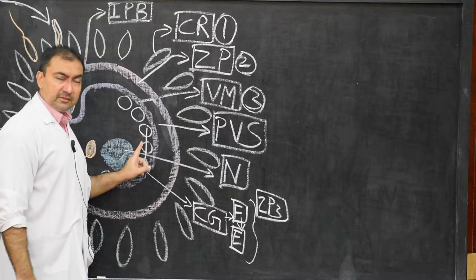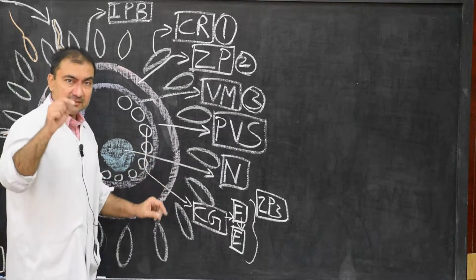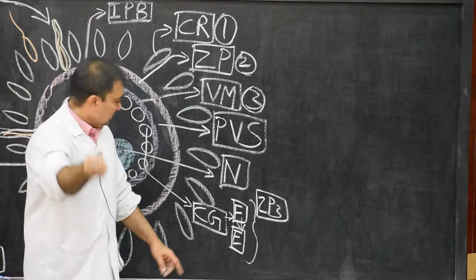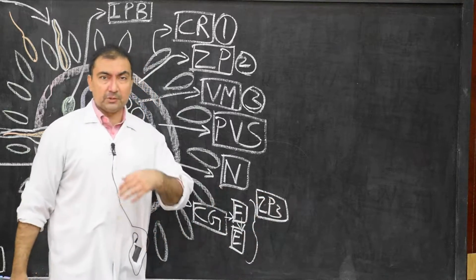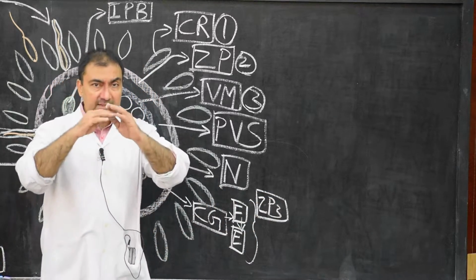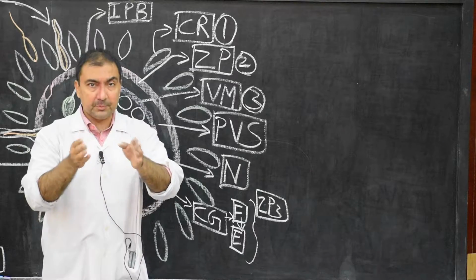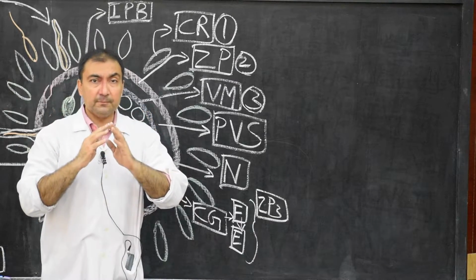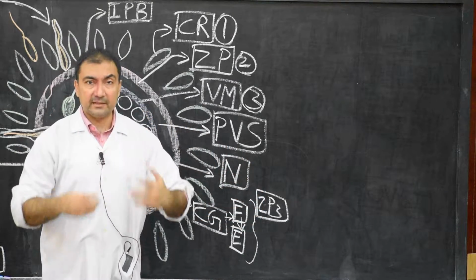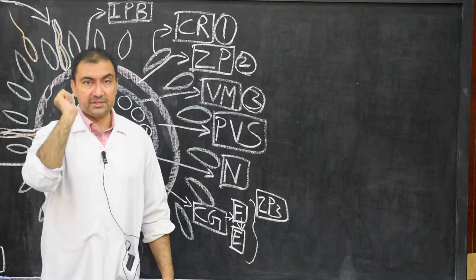So cortical granules, after their fusion, release certain enzymes which hydrolyze the ZP3 receptor of the zona pellucida, and this will prevent polyspermy. That is the first change.